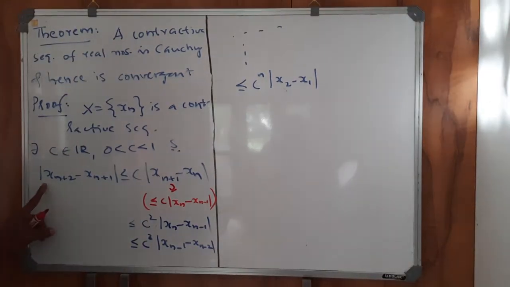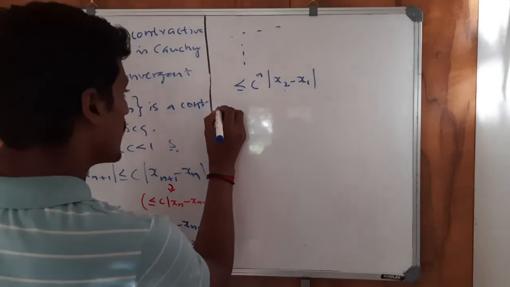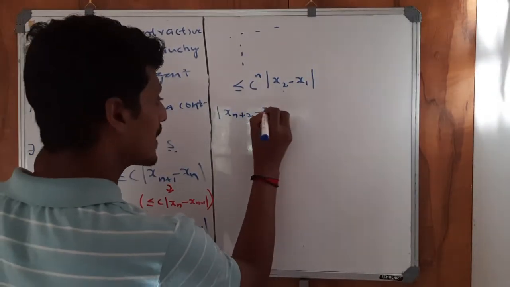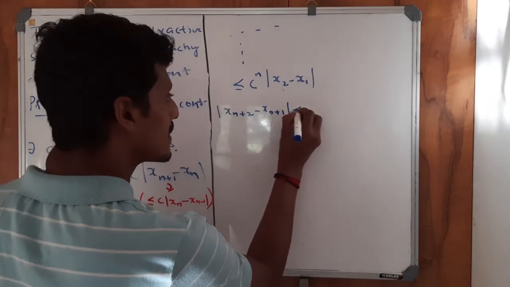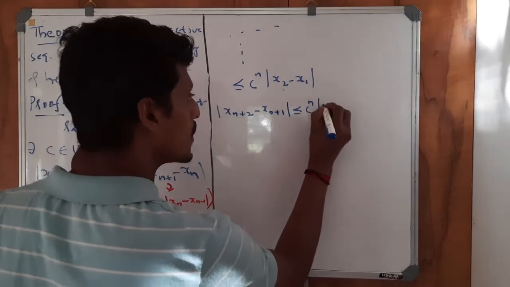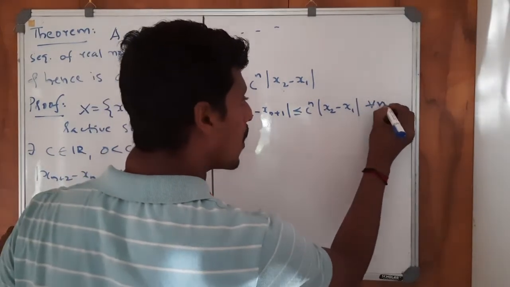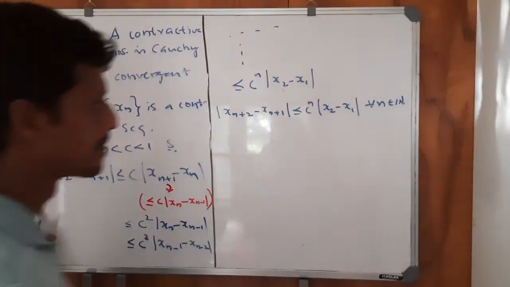That is, |xn+2 - xn+1| ≤ c^n |x2 - x1|, which is true for all n belongs to N.